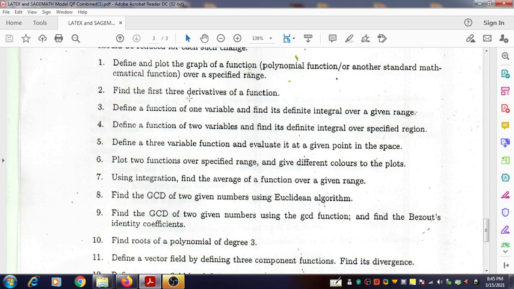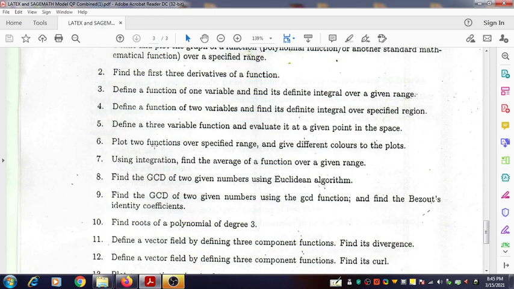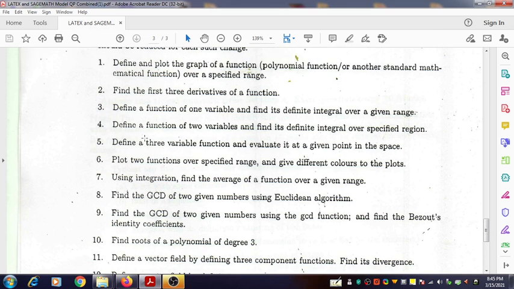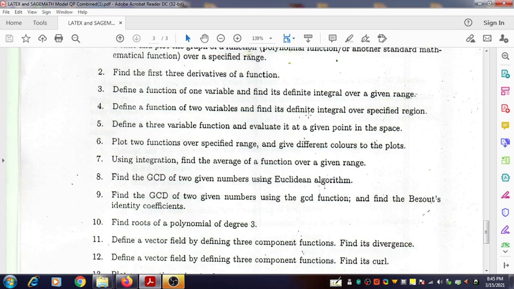Define a function of one variable and find its definite integral over a given range, and define a function of 2 variables and find its derivative.